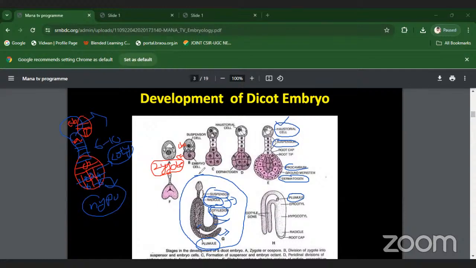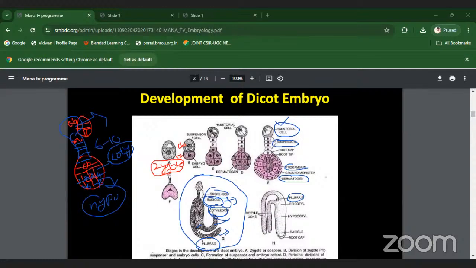As a result of divisions in the group of cells in the apical region, the embryo appears in an odd shape. Due to lack of sufficient space in the ovule, and due to seed coat pressure, the embryo converts into a horseshoe shape.